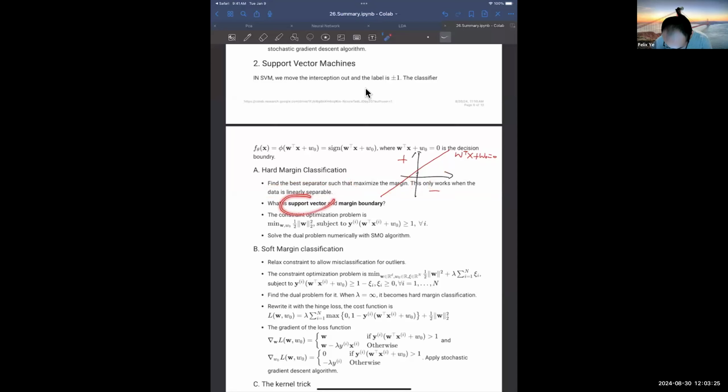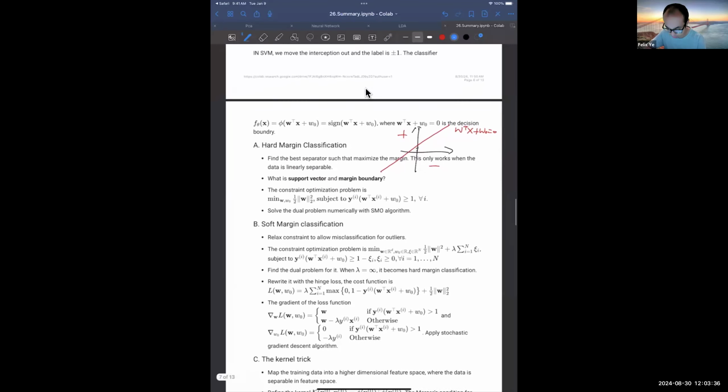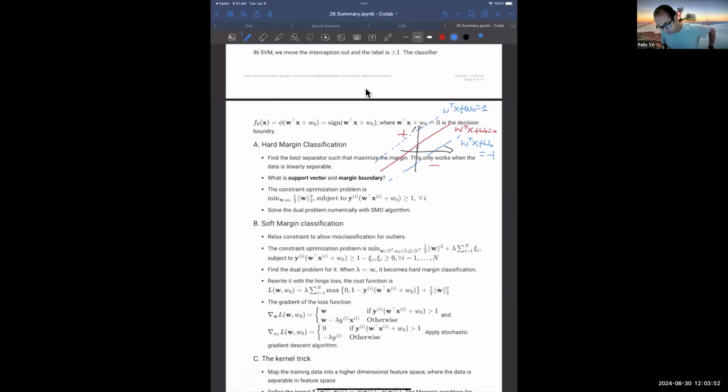So there will be support vectors and the margin boundary. On this decision boundary, we're going to draw two margin boundaries, where the value is equal to 1 on the top, and on the bottom it will be equal to -1.